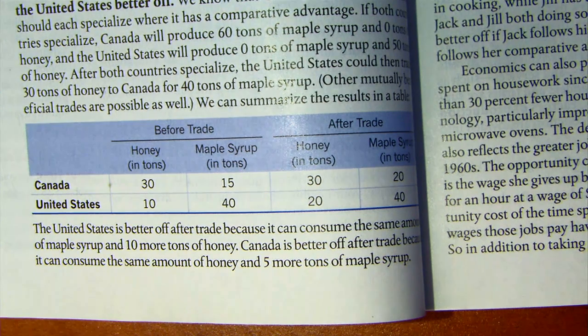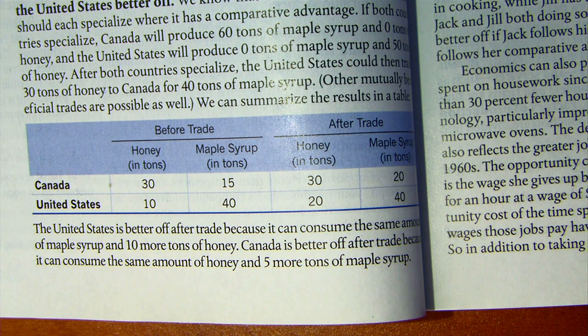Trying to find where they say it in the question. Okay, yeah. US trades 30 tons of honey to Canada for 40 tons of maple syrup. So the trade, 30 honey for 40 maple syrup. So US gives up 30 honey, so they go from 50 to 20.